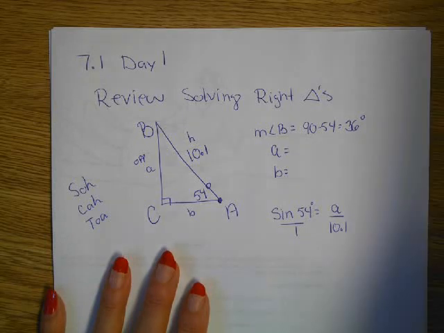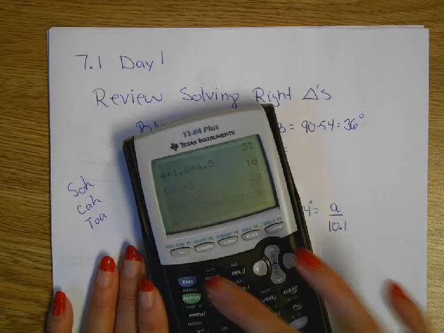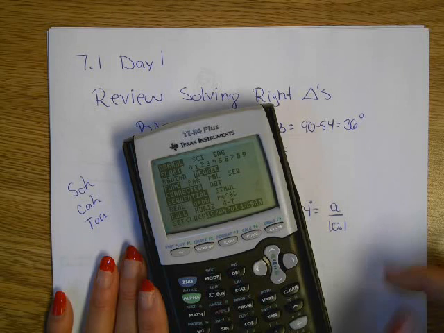But now, not all triangles are right triangles, so we've got to have a way to deal with those non-right triangles, which has been a while, but it'll come back to you, I think. So law of sines was the easy one. So here we go, law of sines.